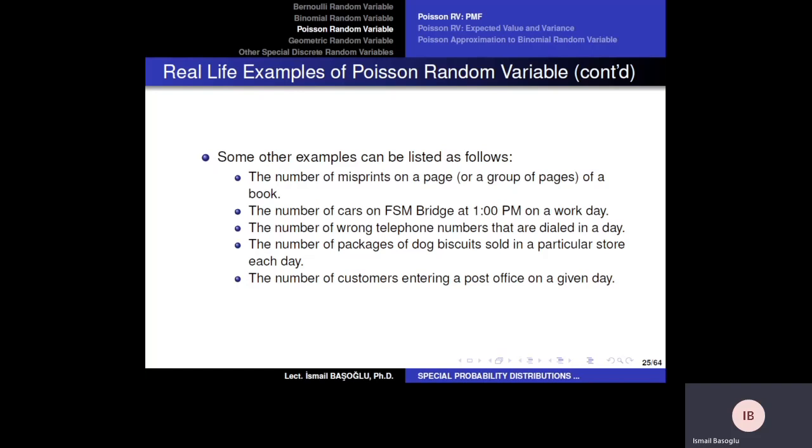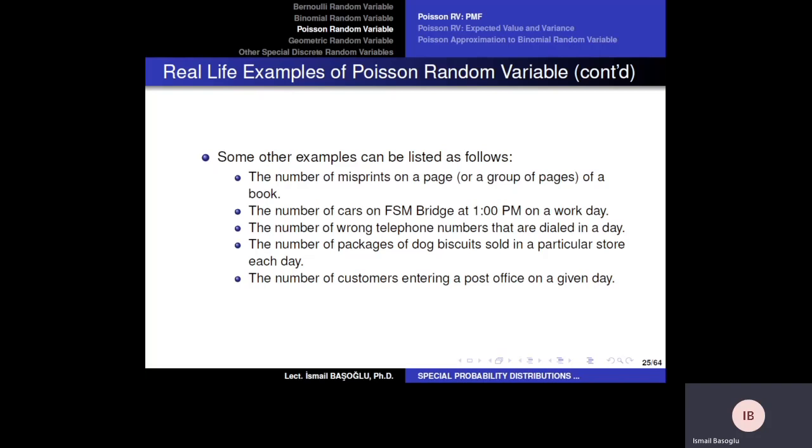Another example is the number of packages of a dog biscuit sold in a particular store each day. Now, we are talking about demand here. In a store, the demand for dog biscuits can be modeled by a Poisson random variable. Okay, as we are industrial engineers, it is obvious that we should be able to model the demand of products. Now, why is it modeled by a Poisson random variable? There are many people entering and leaving a store on any day.